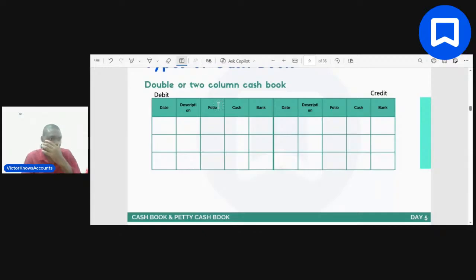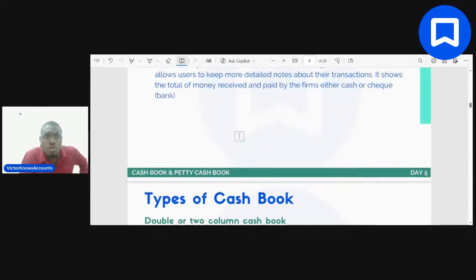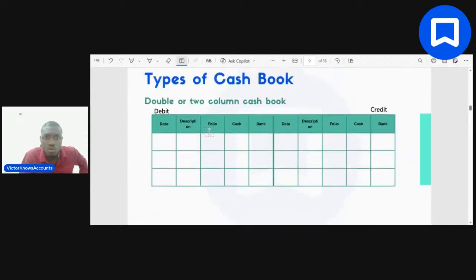All right. I think I'll just continue that way. So double or two column cash book, that's basically what it is. There's just a slight difference between it and single column, and that's the difference in the number of columns that exist for cash, for money, amount received and amount paid. All right. So that's the way it works.